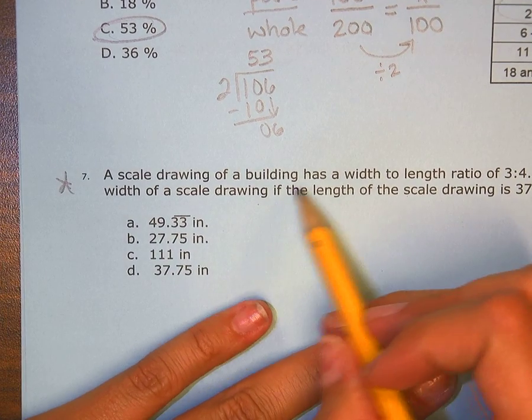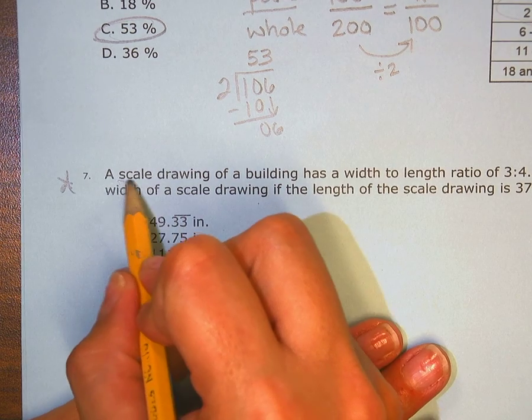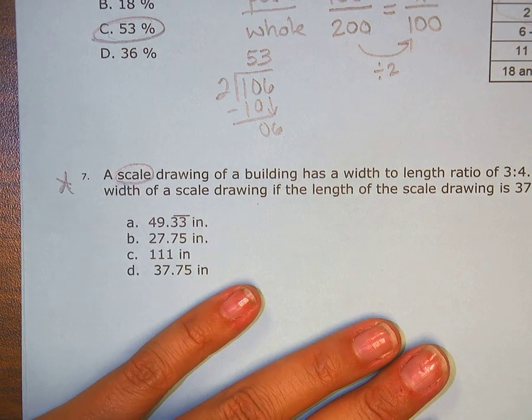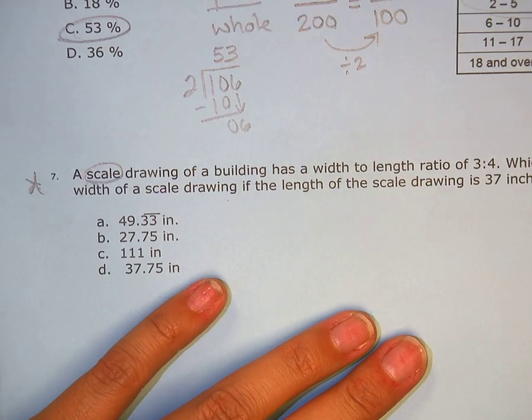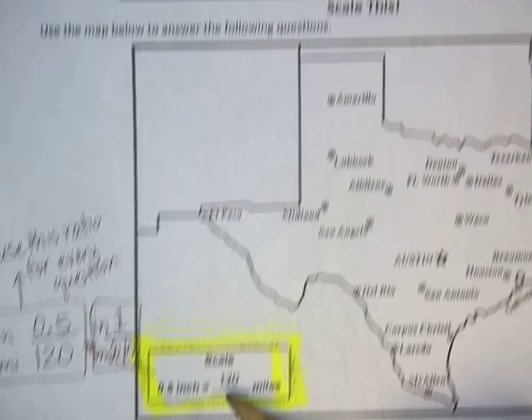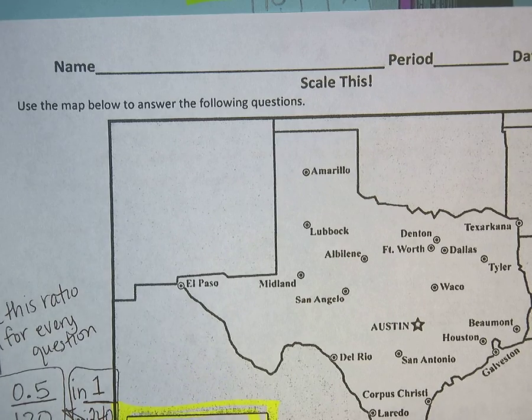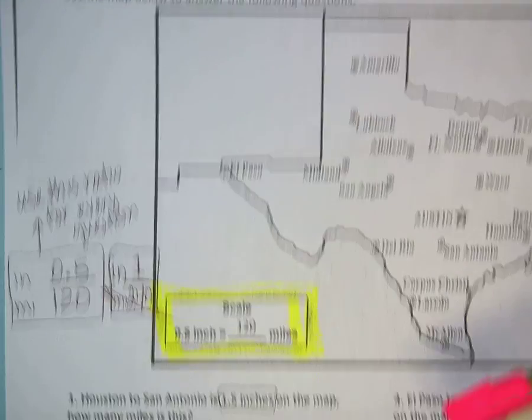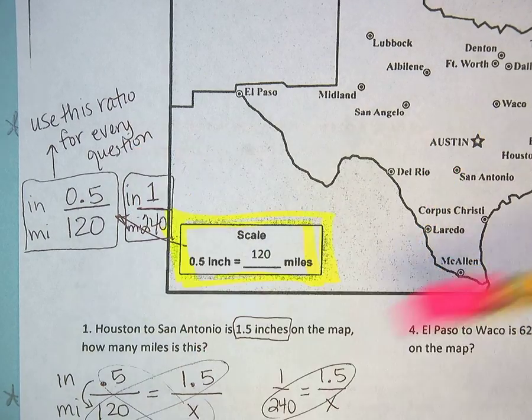A scale drawing of a building. Okay, so anytime I see the word scale, I know there's going to be some type of ratio that's beneficial. And we did the paper scale. And we reminded you that if they're giving you the scale, you use that for every single question.